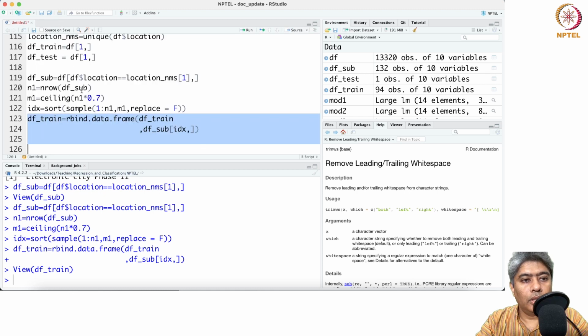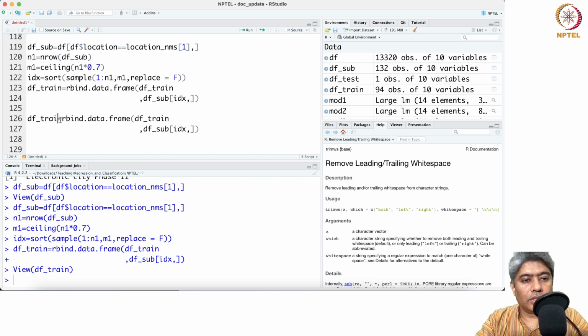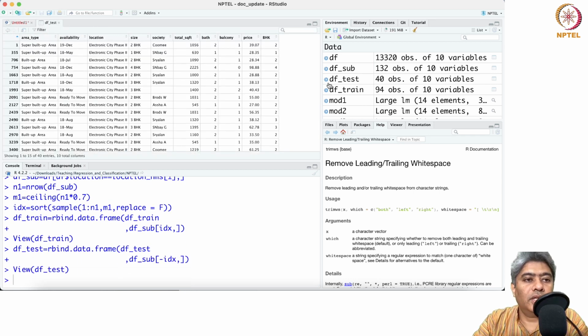Similarly, df test equal to df test minus that, which gives me the rest of the test data set. Of the 132, 93 of them go to the train data set, and 39 of them go to the test data set.